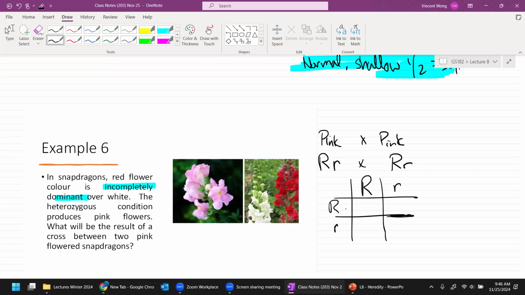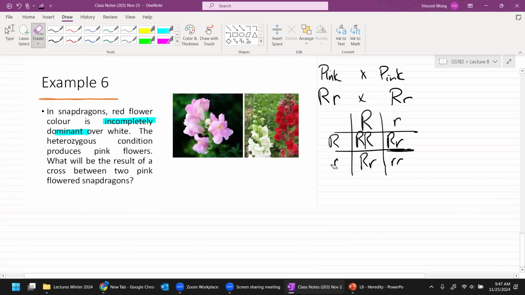Oh, you have to have all of them, not just the results, right? Okay, so if you do it, it will be big R, just like the regular one. So the Punnett square looks the same, but the interpretation of the result would be different, right?